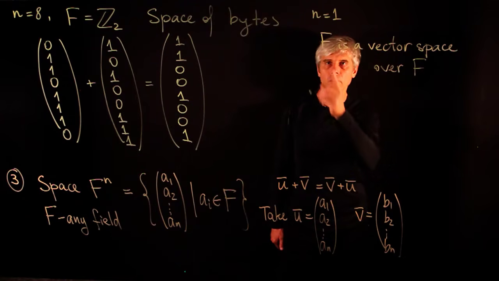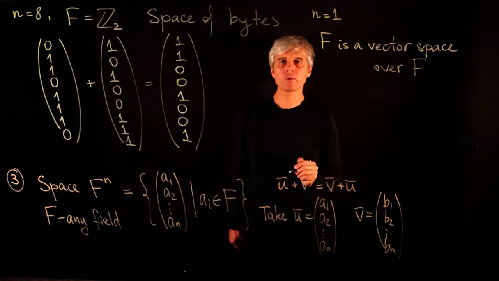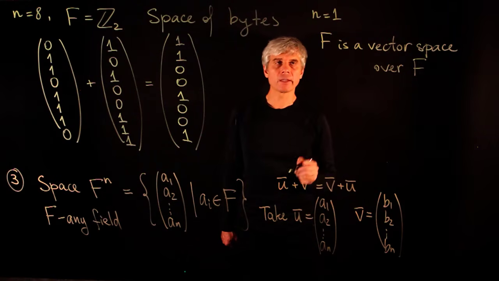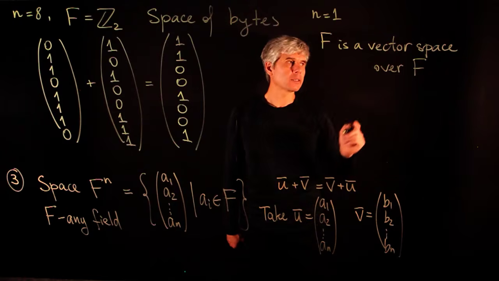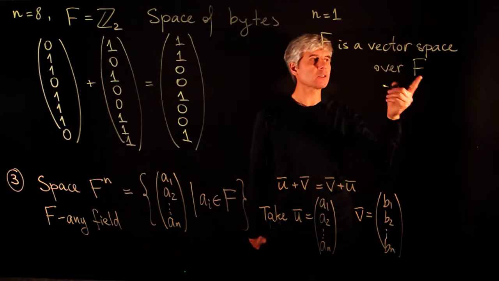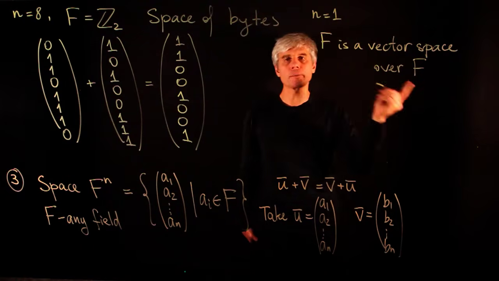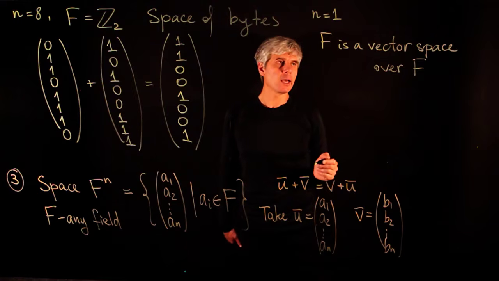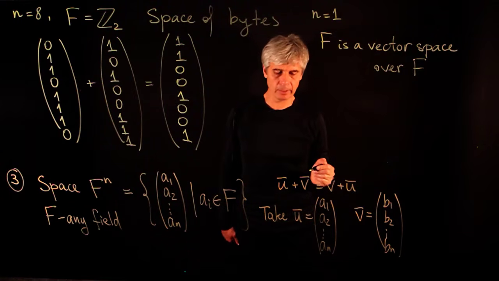Right. So what we do here, we treat elements of a field as vectors, and then we can add elements of the field. And we can multiply elements of a field by scalars. But scalars are again elements of the field, and we know that in a field we have the operation of multiplication. And the 0 vector here is just the 0 element of the field.